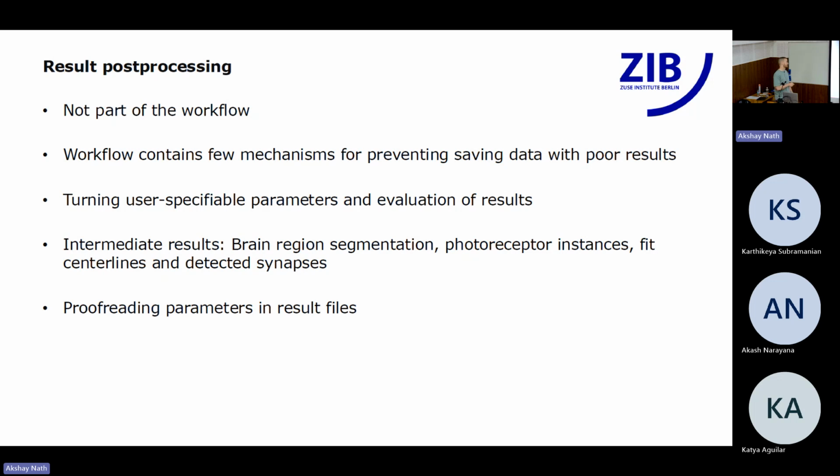Additionally, the user can use the intermediate results. So in the software of her choice, she can check the brain region segmentation, photoreceptor instances, the center lines, or detected synapses.